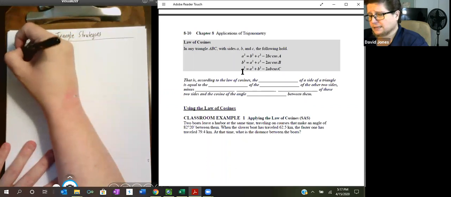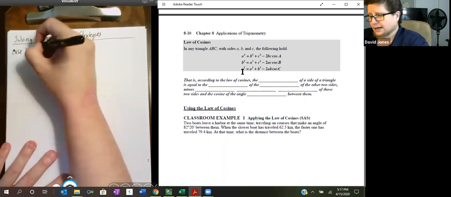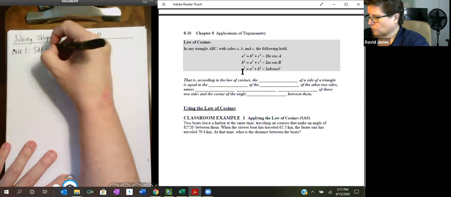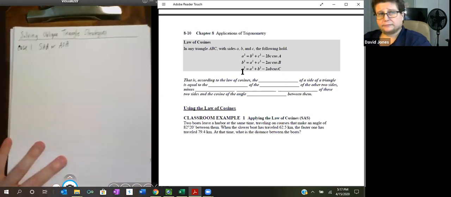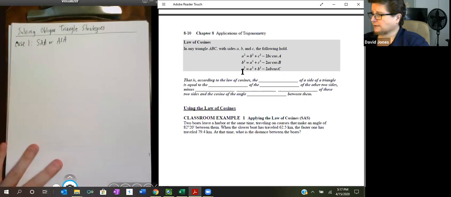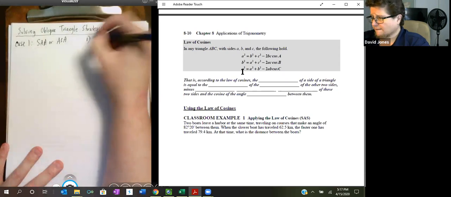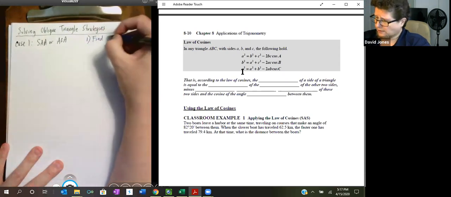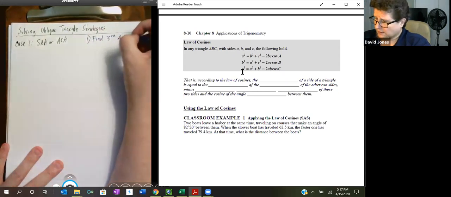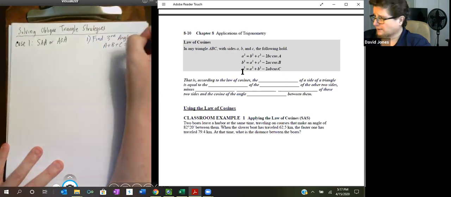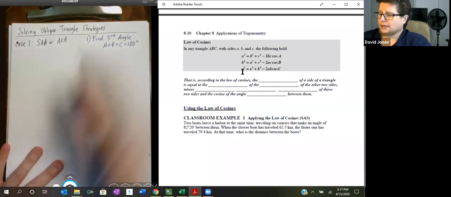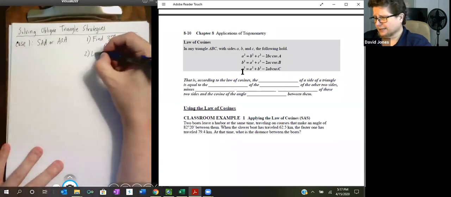Case one was side angle angle or angle side angle. And what did we do there? Step one, find the third angle with A plus B plus C equals 180. And then law of sines for the remaining sides.